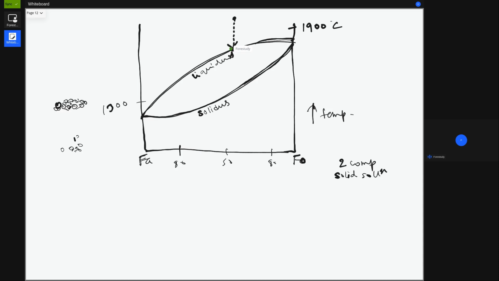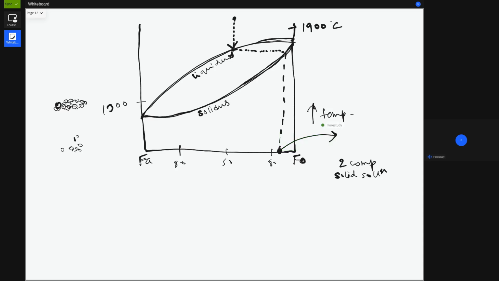If we want to know the composition of the first crystal, we project the horizontal line over here and bring it down here, and then we will be able to understand the composition of the first mineral that is crystallized after hitting the liquidus.